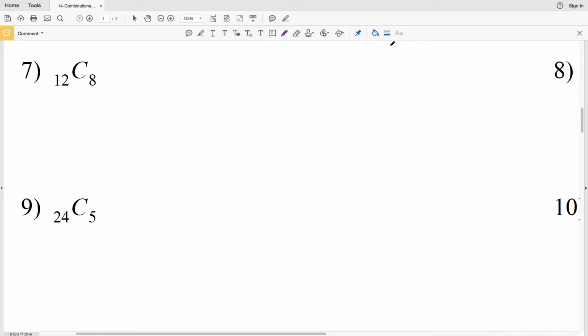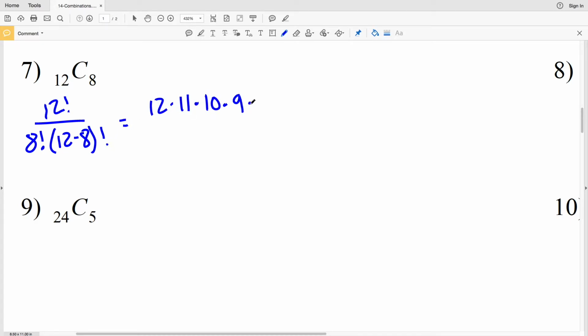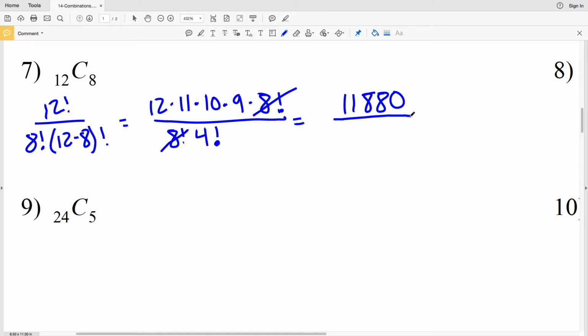In number 7, 12 choose 8. That's 12 factorial over 8 factorial times (12 minus 8) factorial. 12 times 11 times 10 times 9 times 8 factorial all over 8 factorial times (12 minus 8), which is 4 factorial. 8 factorial and 8 factorial will cancel out, so 12 times 11 times 10 times 9 is 11,880, and I'm going to be dividing that by 4 factorial, which is 4 times 3 times 2 times 1, which is 24.